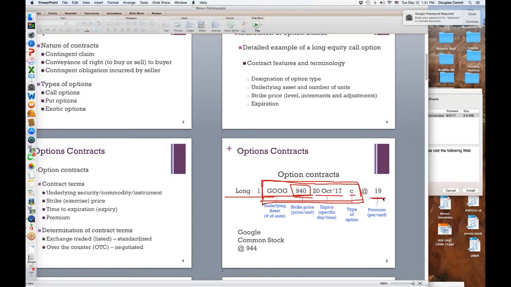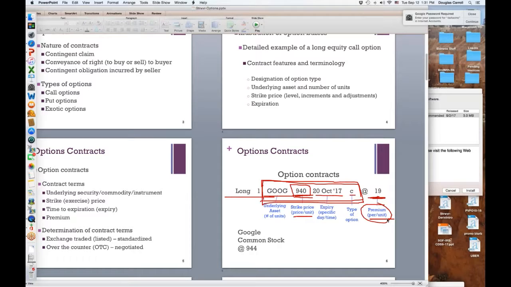However, the value the market places on the contract is likely to change. And that price of the option is typically referred to as the premium. That is the market price of the option. And like the strike price, the premium is expressed as an amount per unit of the underlying.